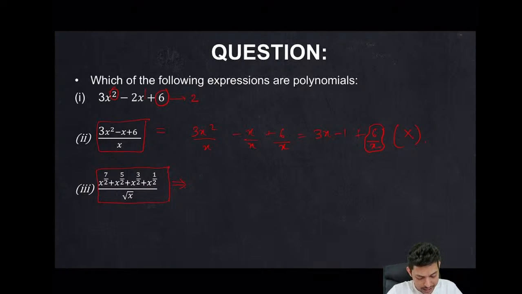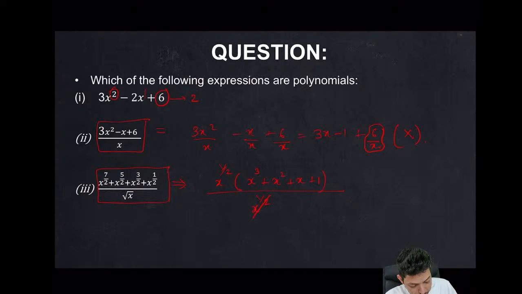Now one can look over here that you can bring out x to the power 1 by 2 common from every term that is there in the numerator. Once you take it common, you are going to get inside x cube plus x square plus x plus 1. These are things that have been taught to you in class 8, how to take out factors common out of a polynomial term or an algebraic expression, so we are not going to waste a lot of time discussing why this comes out to be this.